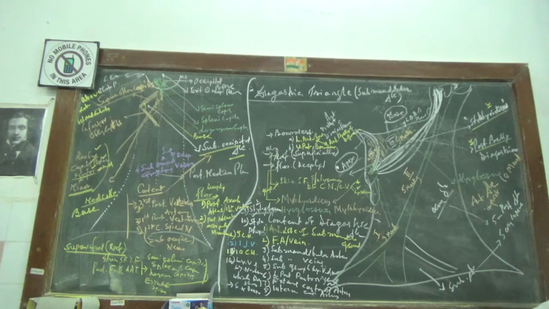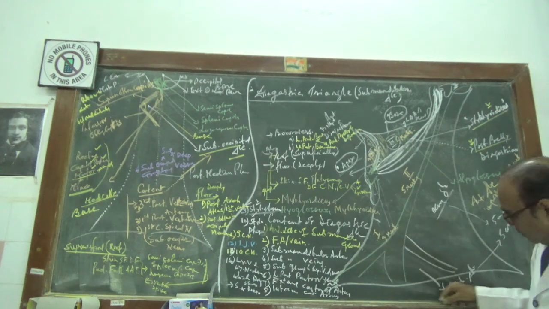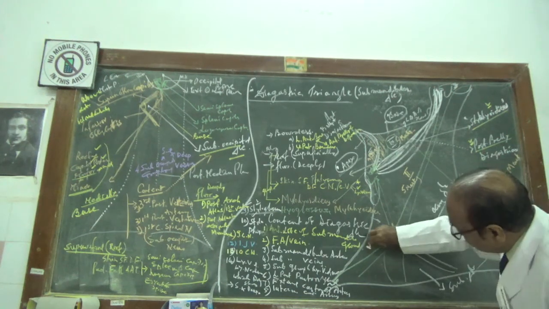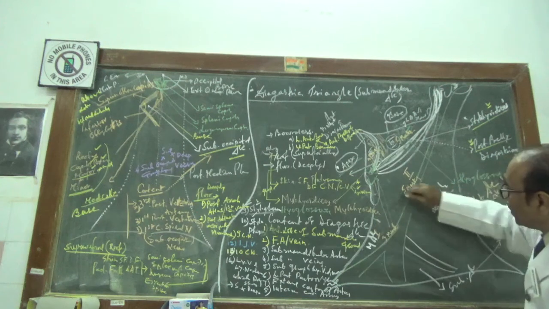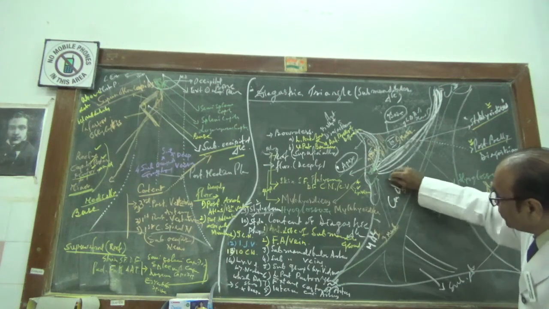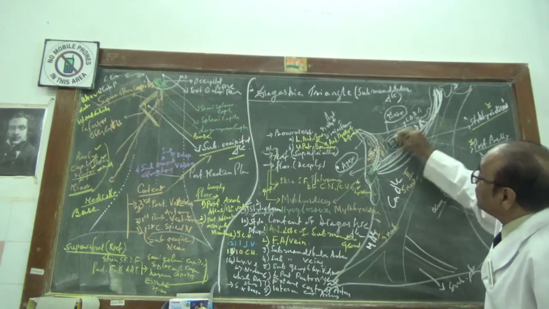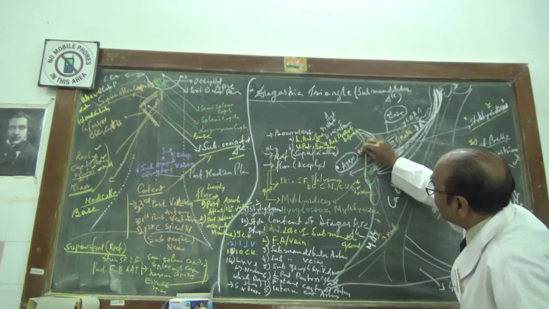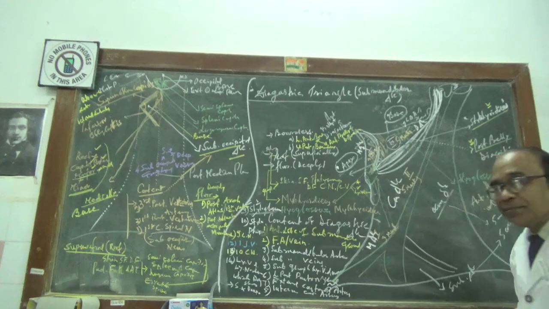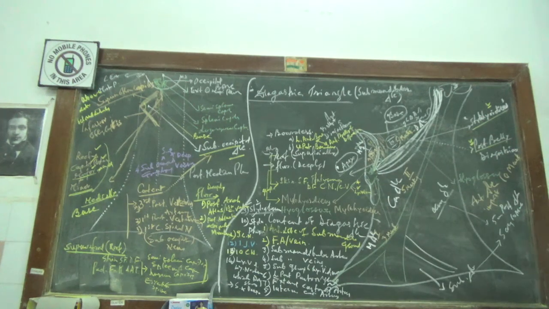In the anterior triangle you have four: muscular triangle, carotid triangle, digastric triangle, and submental triangle.